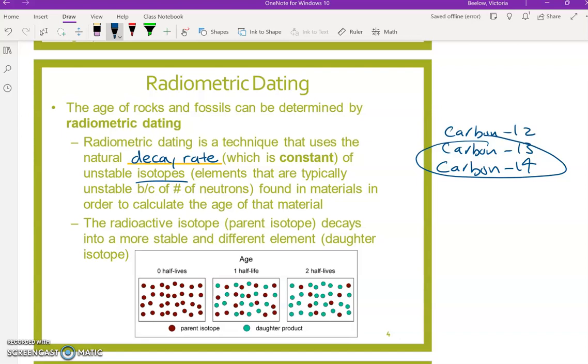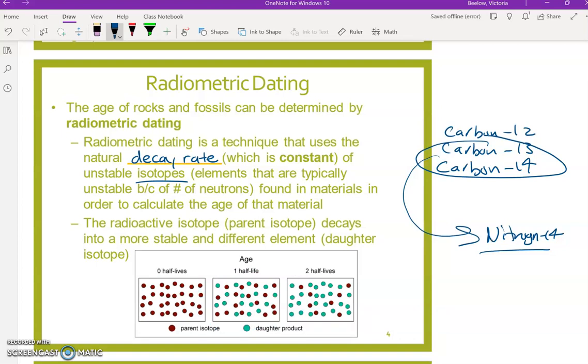The rate at which it decays and changes into a different element that is more stable, like carbon 13, for example, when it decays, it will decay into nitrogen 14, which is a different type of element. So over time, let's say the little red dots are the carbon 13, will decay and change into, imagine the little green dots, that is nitrogen 14. And nitrogen 14 is a much more stable element.